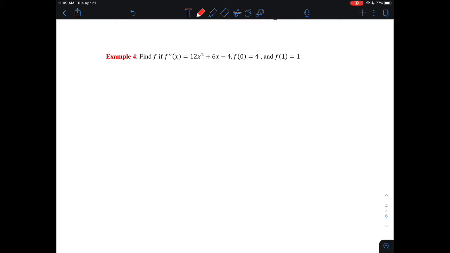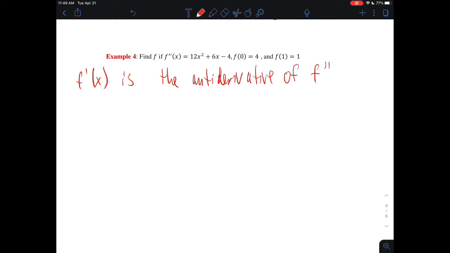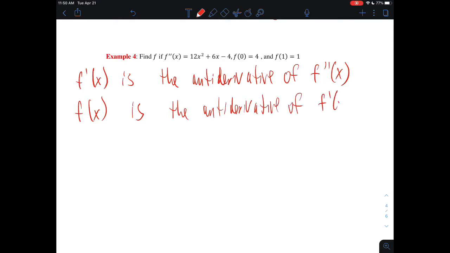So first of all, f prime of x is the antiderivative of the second derivative of f. And then f of x is the antiderivative of f prime of x.